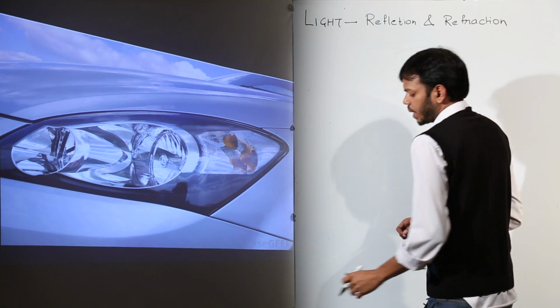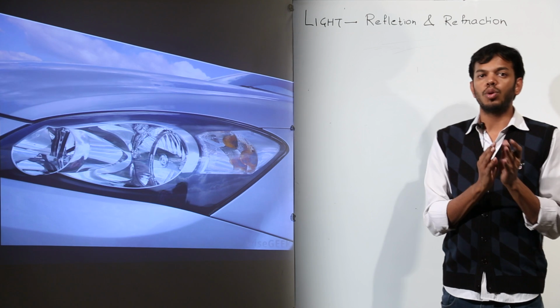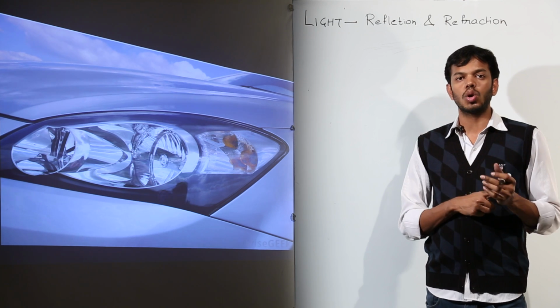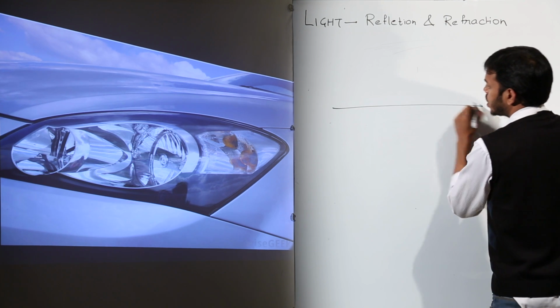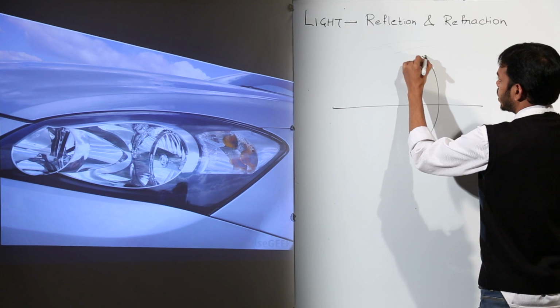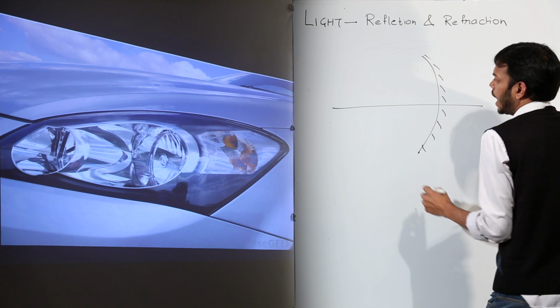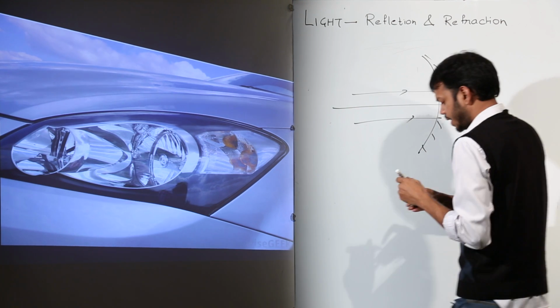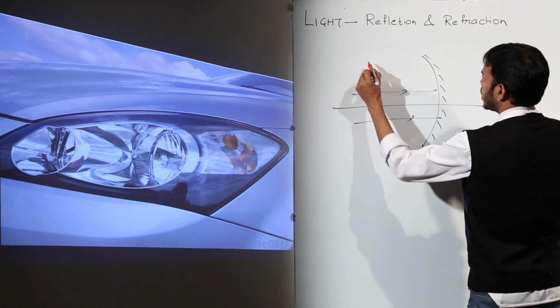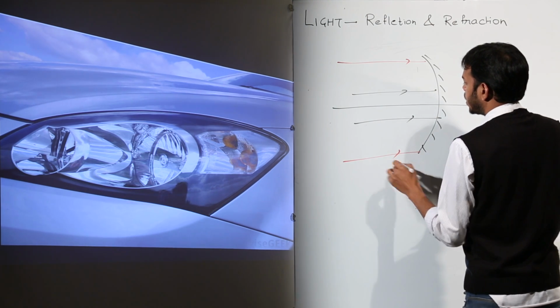Why? There's a small defect in mirrors as well as lenses called spherical aberration. Now what is spherical aberration? Suppose this is our concave mirror. I'm making two types of rays. One is these rays and one are these rays.